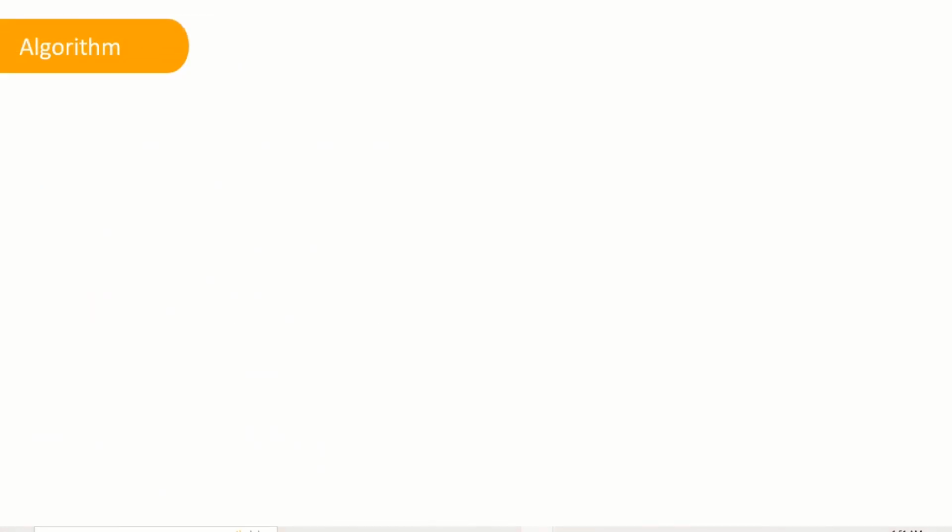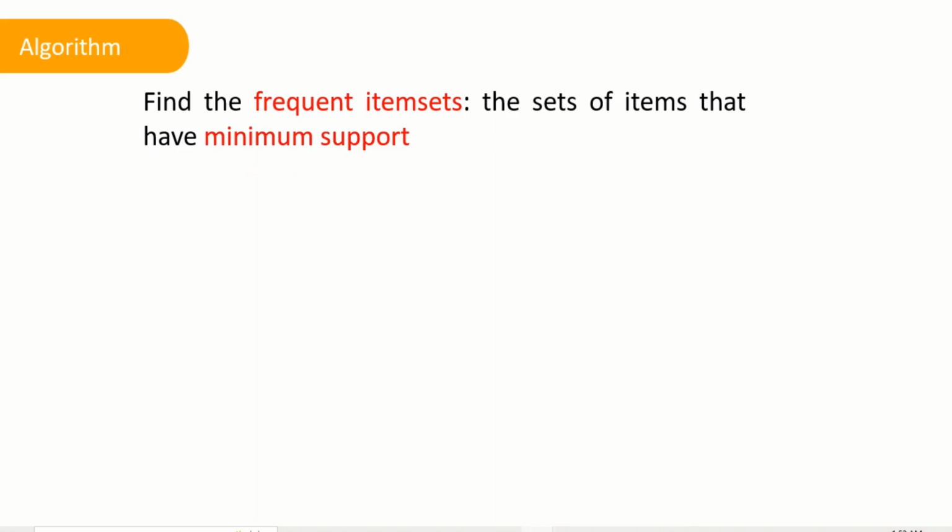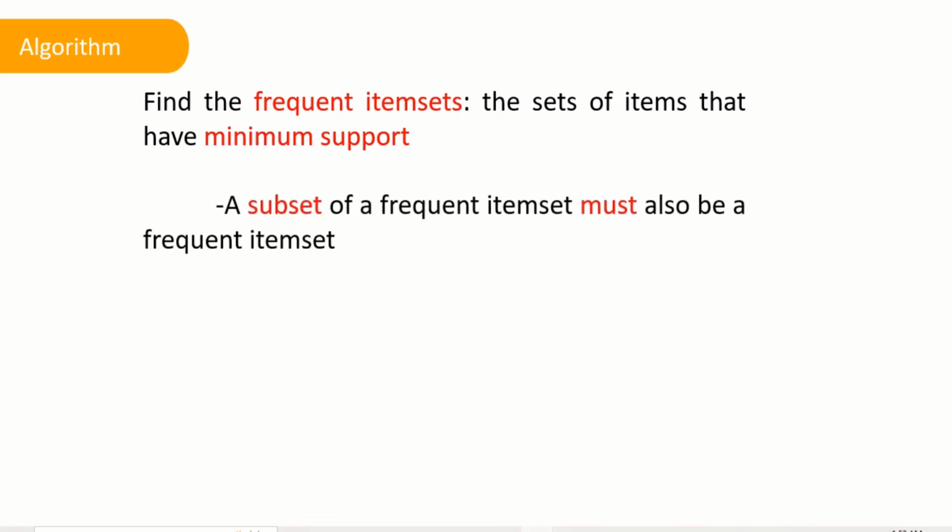So let us now look at the algorithm behind the Apriori algorithm. The very first step is to find the frequent item set. Here the term frequent item set represents the set of items that have minimum support. And the basic ideology behind selecting frequent item sets is that a subset of a frequent item set must also be a frequent item set.